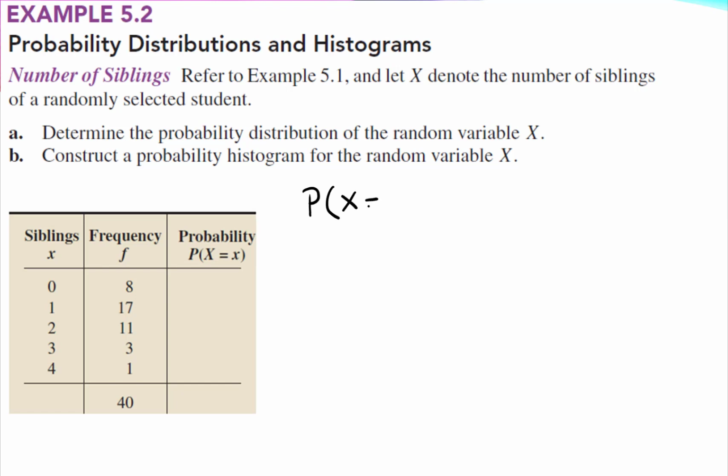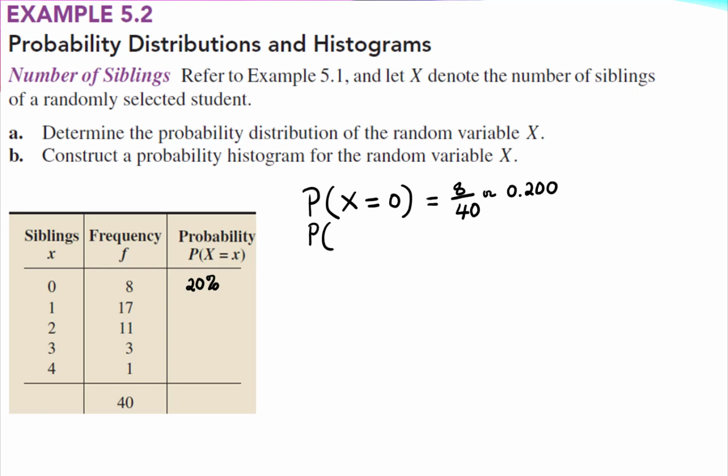So P of x equal to 0 will be its frequency, which is 8, divided by 40, which is the total frequency. So P of x equal to 0 will be equal to 0.200, which is 20%.